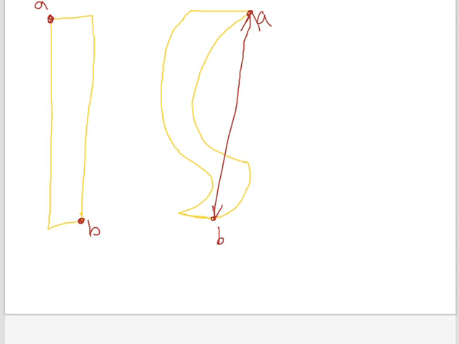Indeed, in picture, I give a turn. I turn and this one goes to this one. Let us explain it.